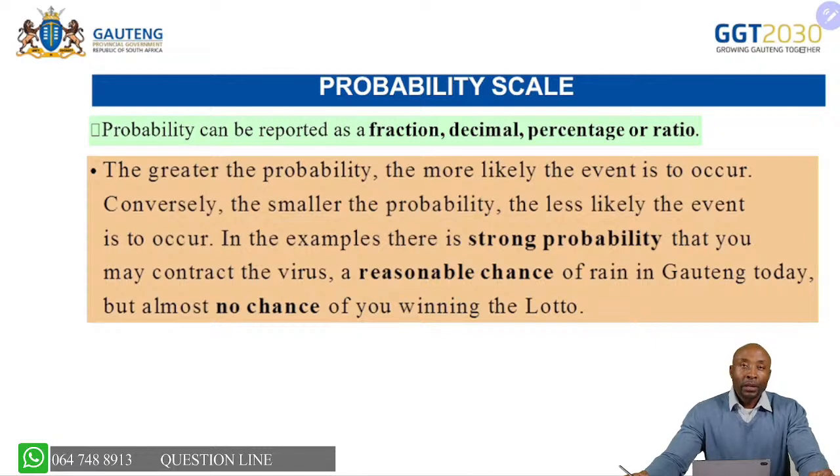Now, the other terms that are used with this, we have got terms like most likely, unlikely, very likely. So we use those terms also in our probability scale to estimate statements.